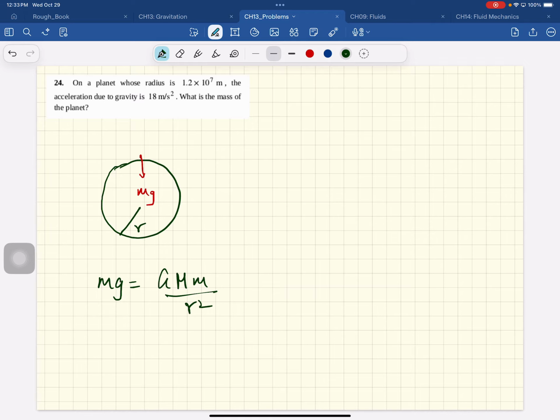So g is given by that. The acceleration due to gravity on the surface of the planet is G times the mass of the planet times the radius divided by the radius squared.